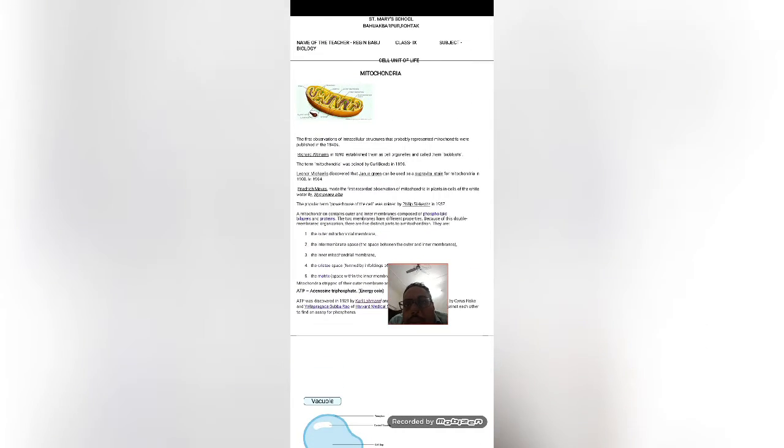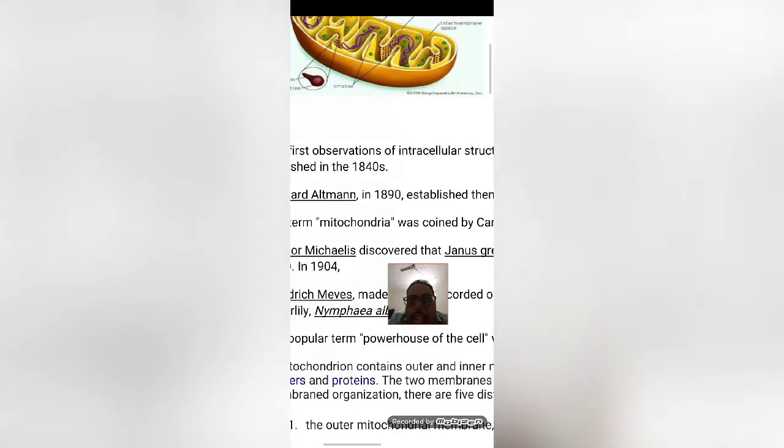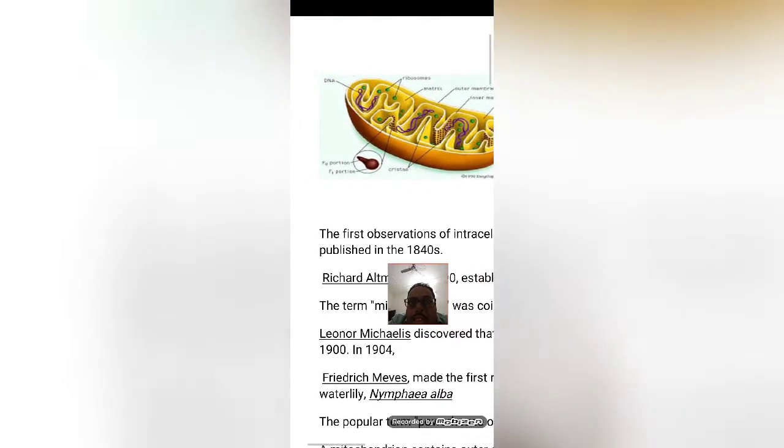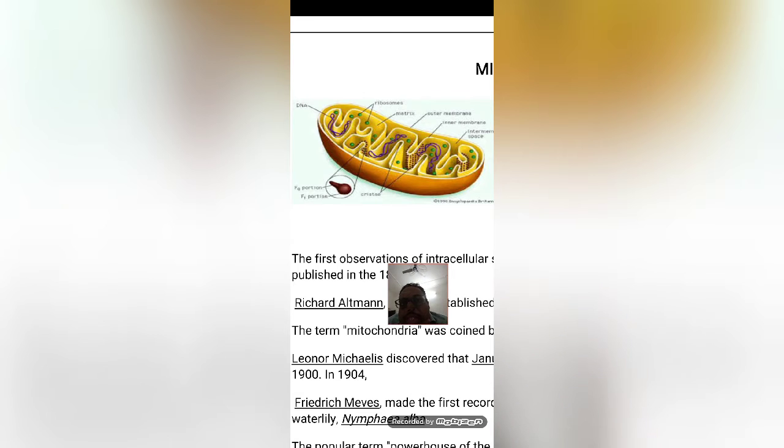When we go into the mitochondria, you can see this structure. The mitochondria has the outer membrane, and the inner membrane is folded; that fold is called cristae. Inside these cristae you can see some lollipop structures, known as F0 F1 factors.